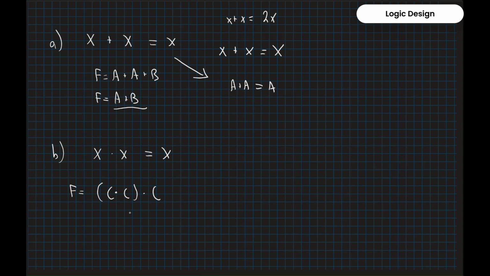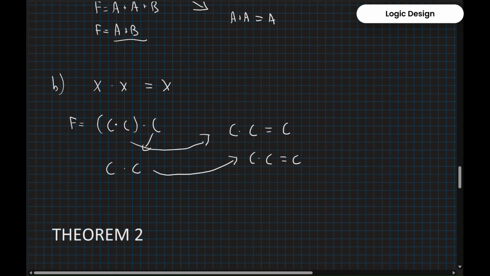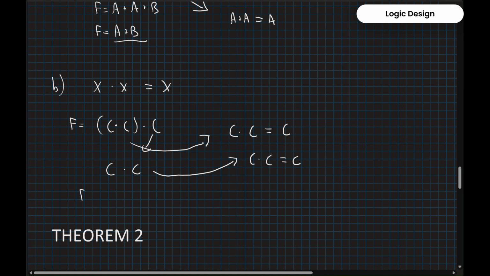We know over here that C times C would equal C, so we input this back over here, C, and bring this down times C. Then again, we go back here, C times C is equal to C. So at the end, F is just equal to C.